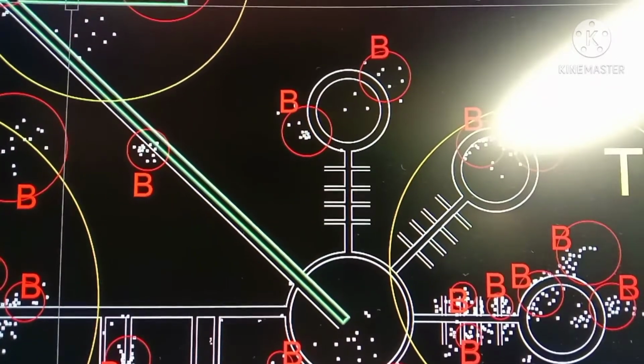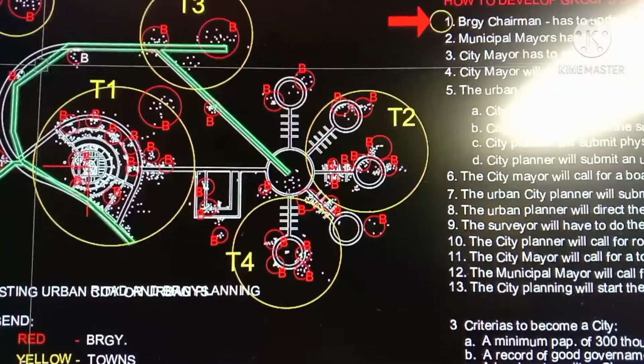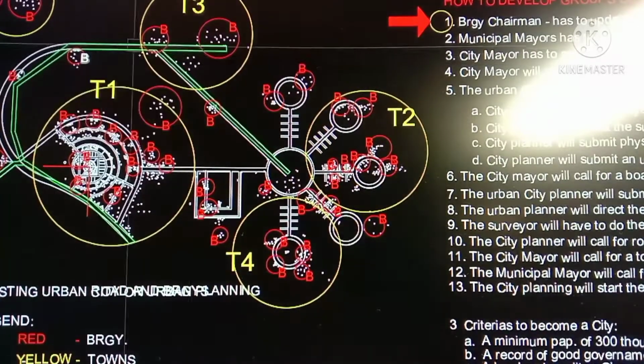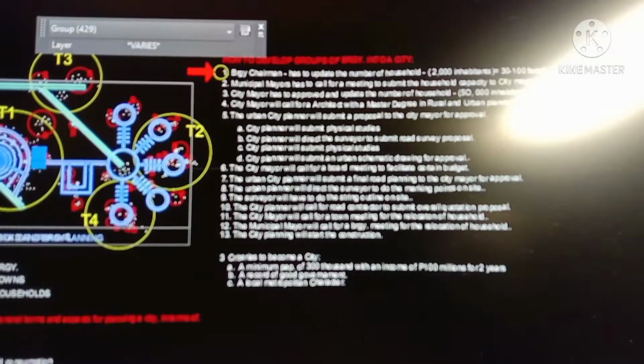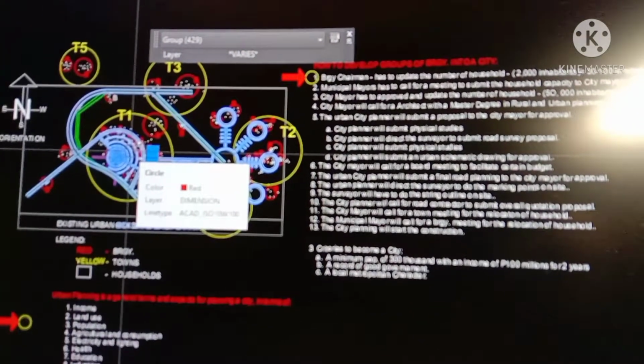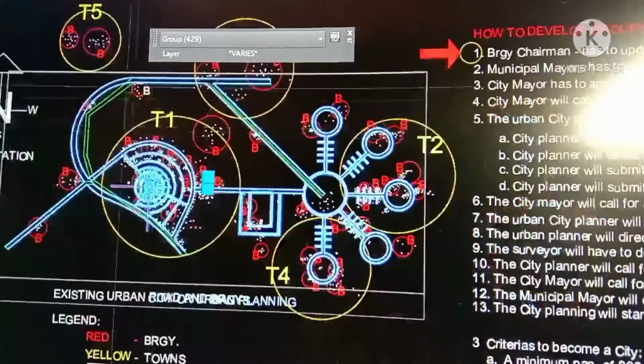You will see here the green color is the existing roads or highways, and the white one is the new city design. That is how the urban planner did the designing.